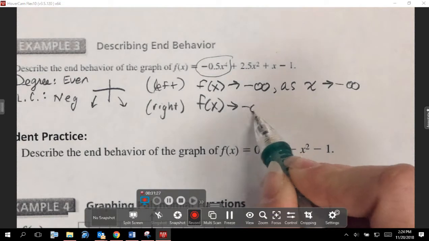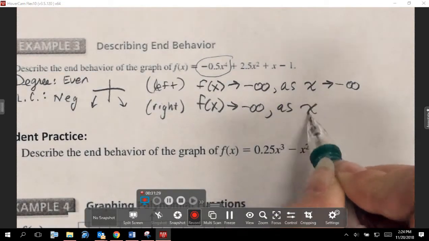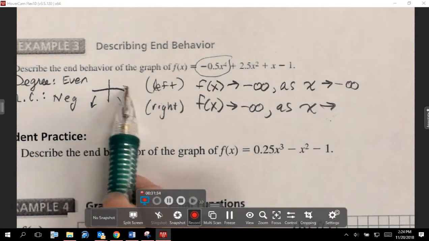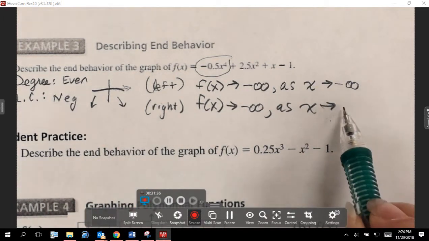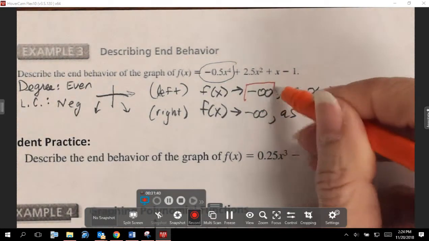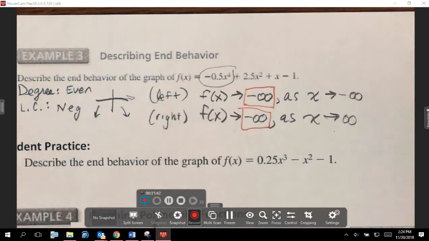Negative. And then as x goes to, now this is the right, which infinity is the right? Positive infinity. The only part of this that changes when you do different questions is the part that I put in the yellow or orange boxes. Everything else is always exactly the same, every single time, except for what's in there.